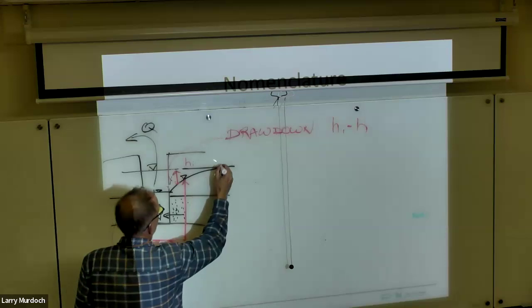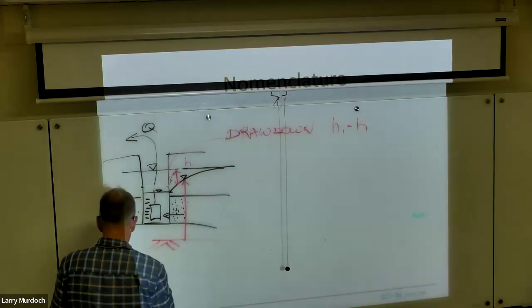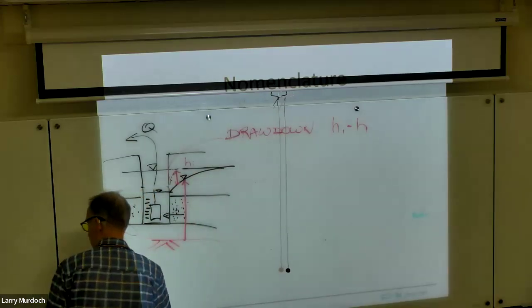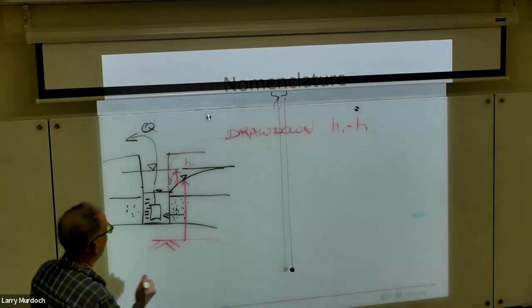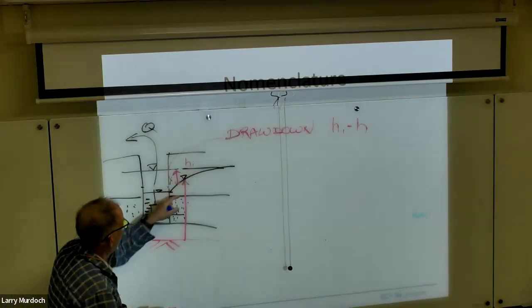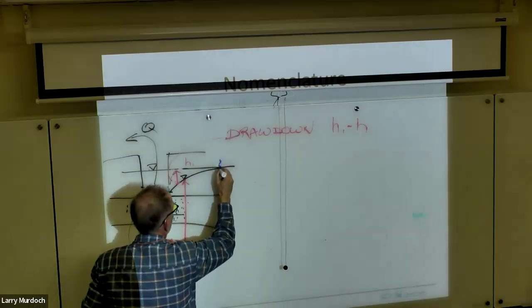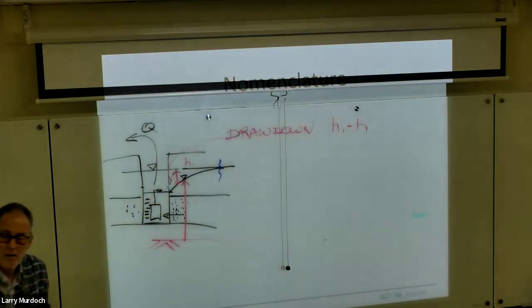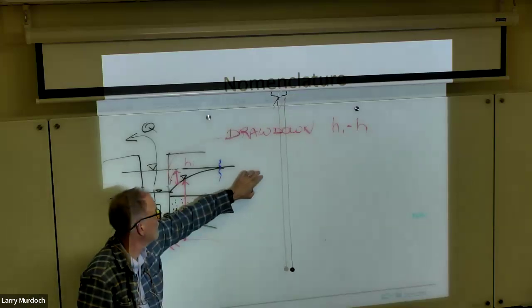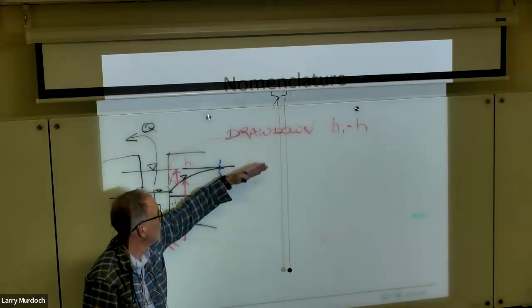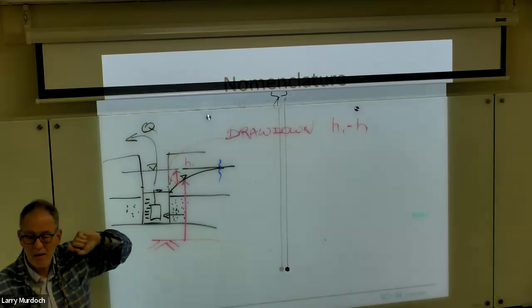So when we pump the well, we drop the water table, we get some drawdown around the well, and the drawdown goes out to here. And then out here, the water level hasn't changed yet.